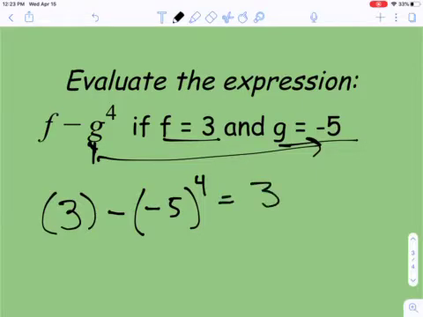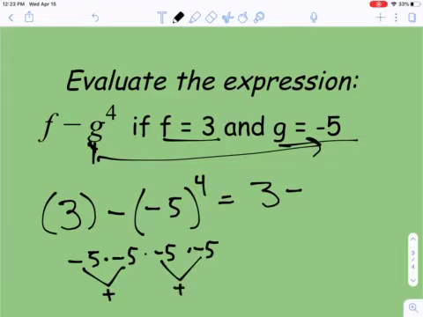So that's equal to 3 minus, and let's figure out what negative 5 to the 4th power is. That's negative 5 times negative 5 times negative 5 times negative 5. Two negatives make a positive, and two negatives make another positive, so my sign is going to be positive. Then 5 times 5 is 25, times 5 is 125, and then times an additional 5 gives you 625.